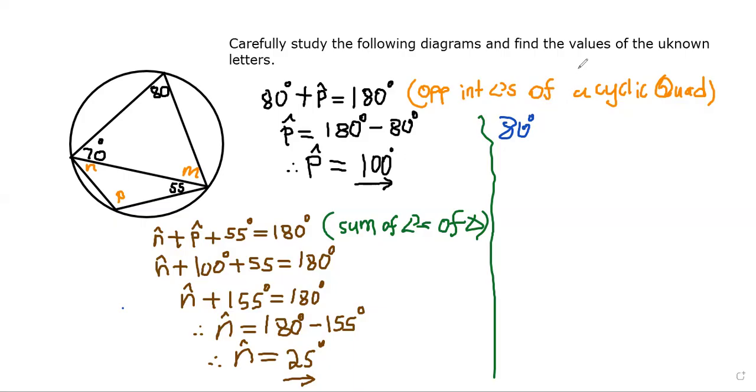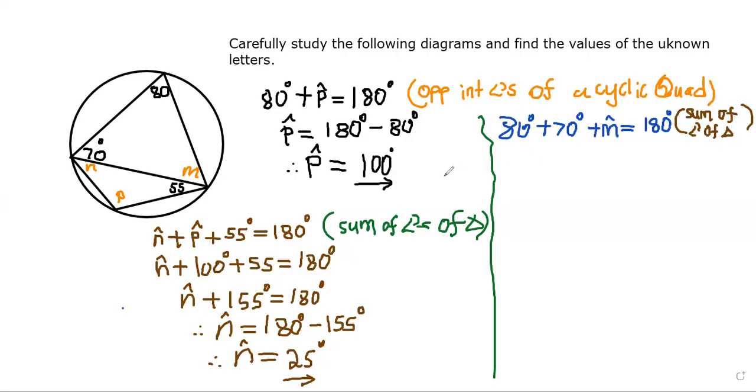80 degrees plus you write 70 degrees plus angle M. Put the cap on top because that is an angle. It's equals to 180 degrees. So that will be sum of angles of a triangle.